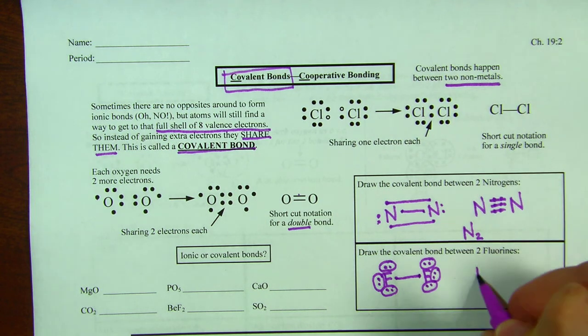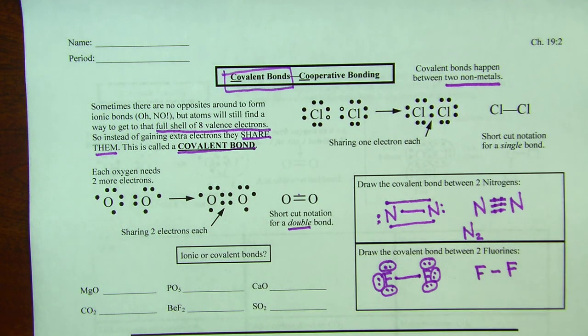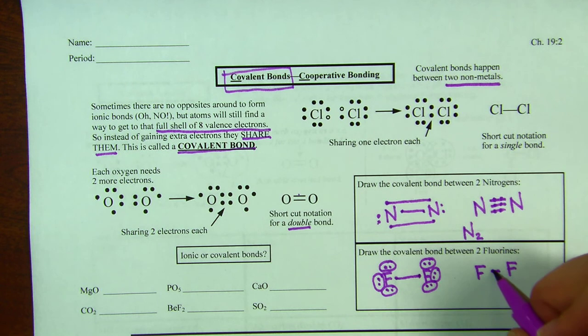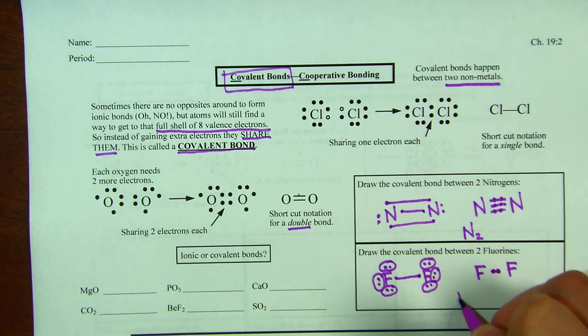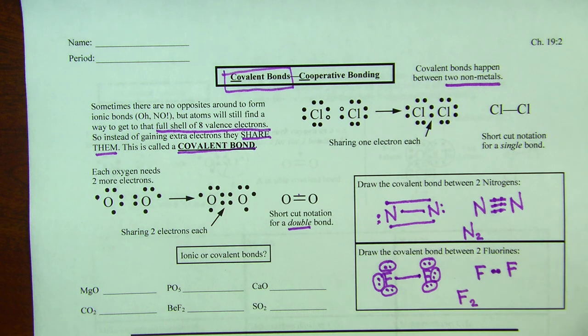To clean that up, we would draw F, one single bond, F, remembering that there are 2 electrons being shared in that single bond. The way that we would write that formula is F with a subscript of 2, meaning that I have 2 fluorine atoms in this compound.